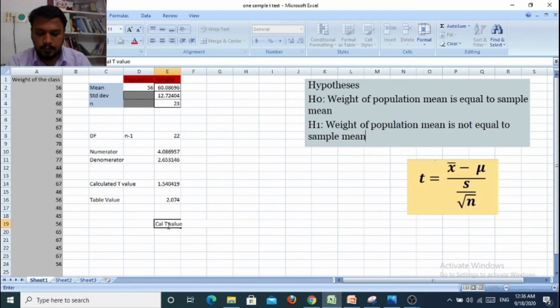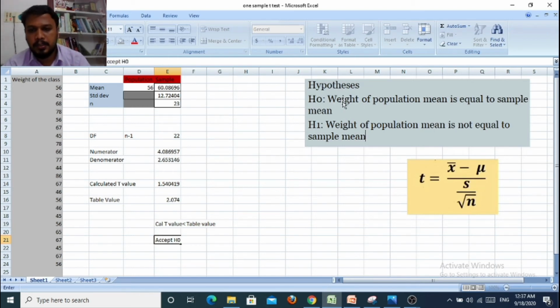From the two values you can say that the calculated t-value is lesser than the table value. If the calculated t-value is lesser than the table value, you accept H naught.